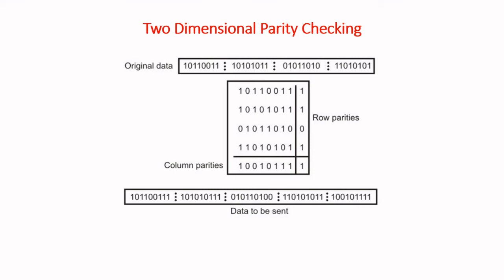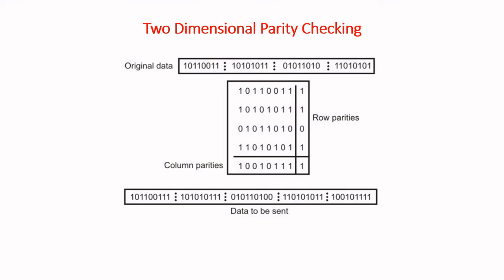So these row parities and column parities are calculated at the time of sending the data. These code words are sent row wise to the receiver.